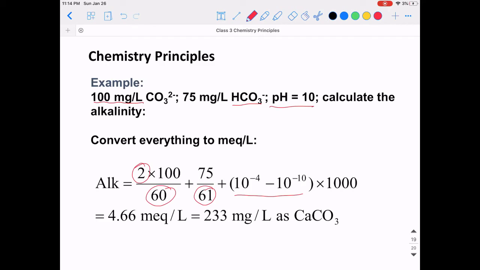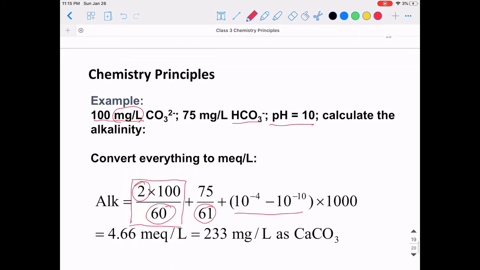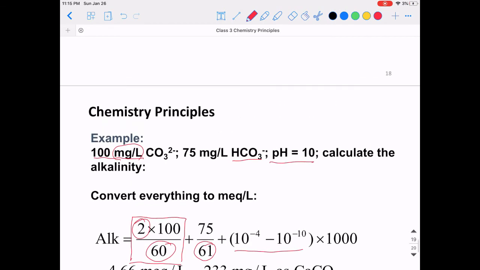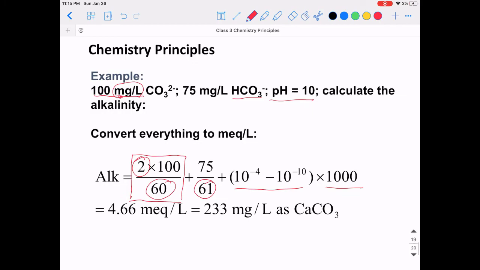One thing we need to notice is that to calculate the concentration of the species that can be neutralized, we were using the unit of milligram per liter, right? So we're calculating milliequivalents per liter. Under this situation, we also need to multiply the concentration of the hydroxide ions by 1,000, because we didn't convert that into grams per liter.